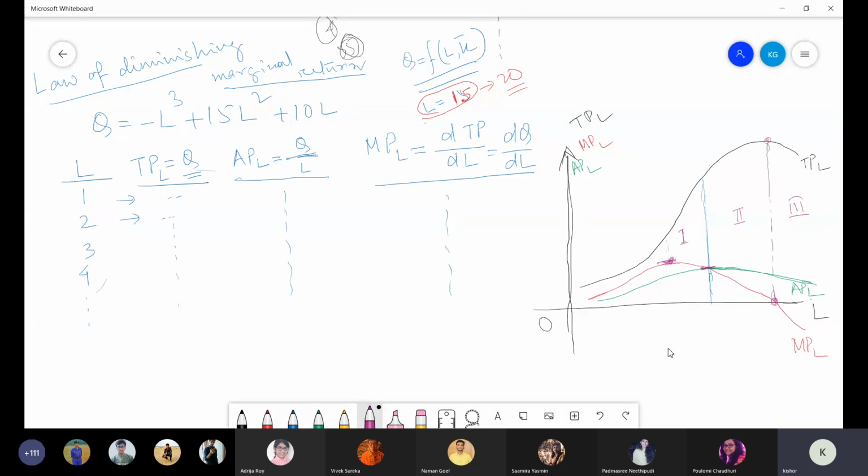Average product gives you, on an average, how many units of output each unit of labor is contributing. It is increasing throughout that stage and becomes maximum at the end of that stage. In front of you, this graph is there, so you can guess it.